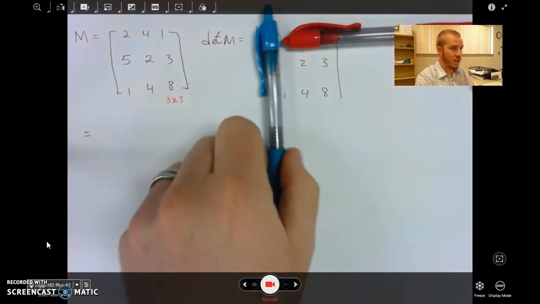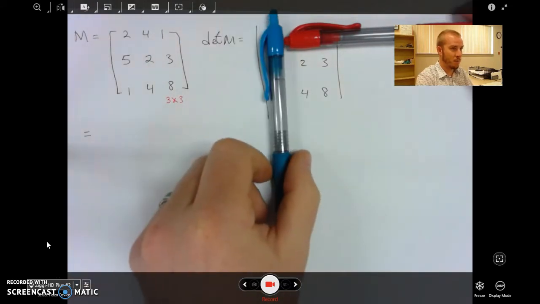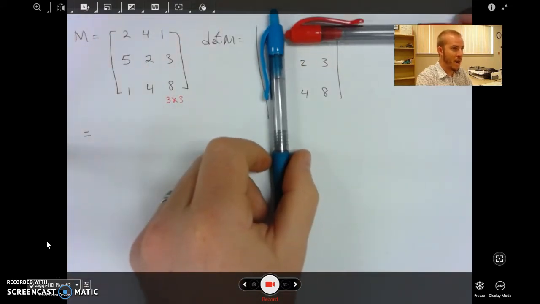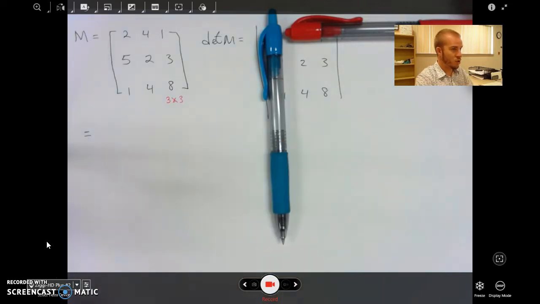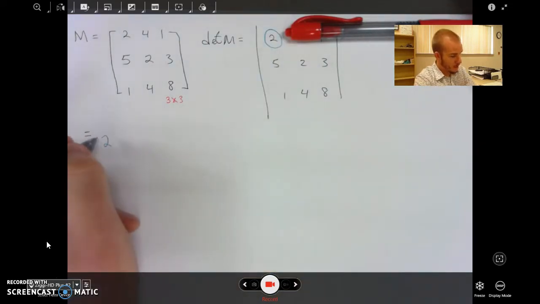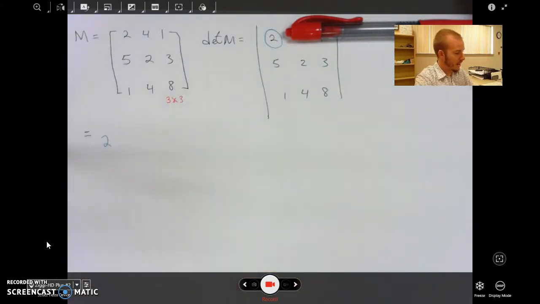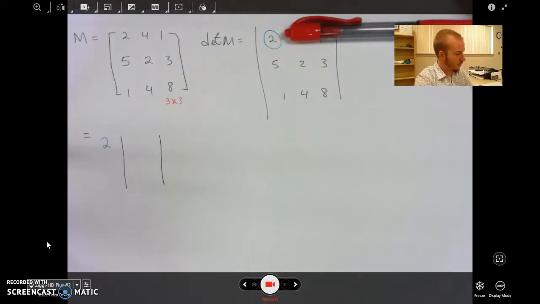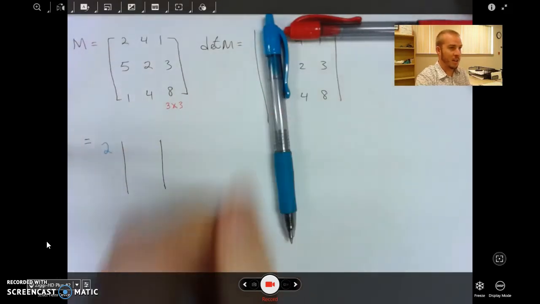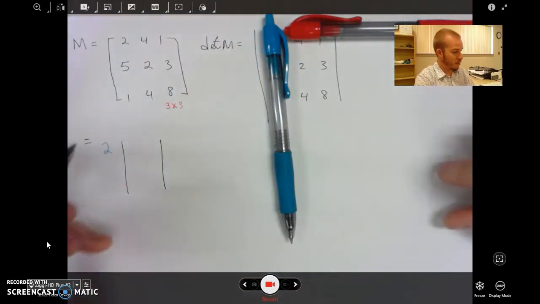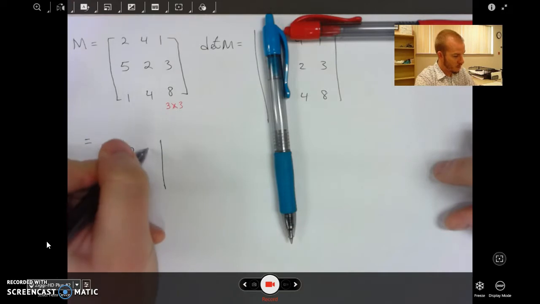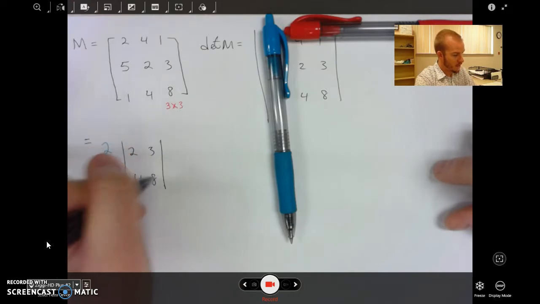So we're going to take 2 and multiply it by the determinant of the matrix that it created by blocking out its row and column. So it's going to become 2 times the determinant of 2, 3, 4, 8.